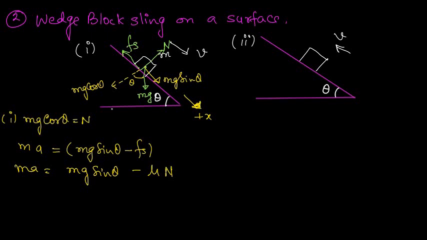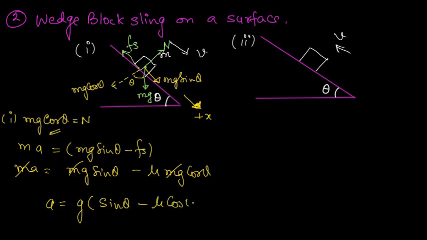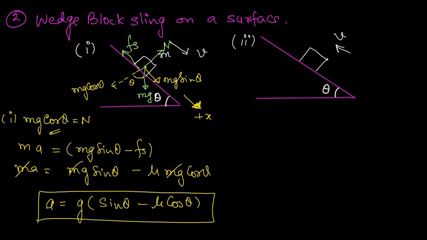If I replace the normal by mg cos theta, the mass will cancel from each side. So a will be g, taken common, times sine theta minus mu cos theta. This is the acceleration of the block when it is moving in the downward direction.